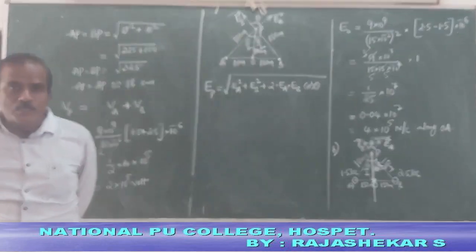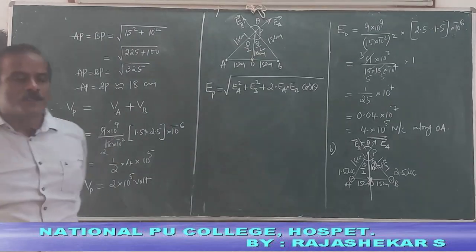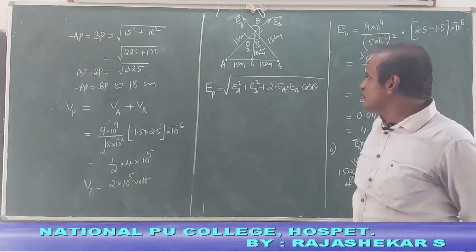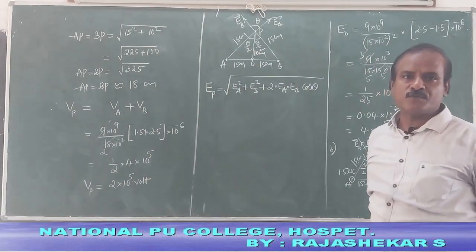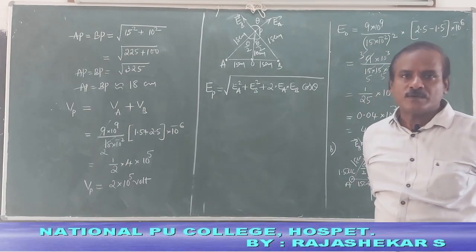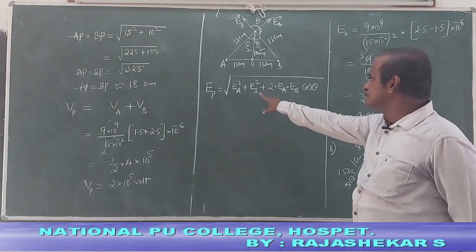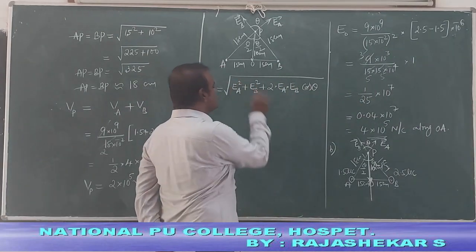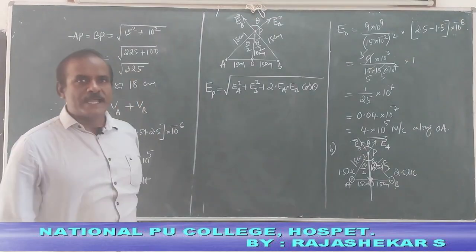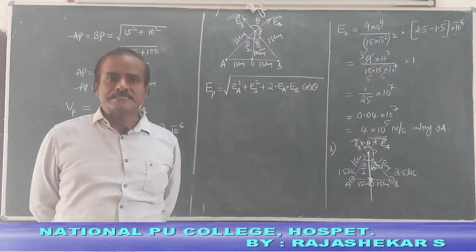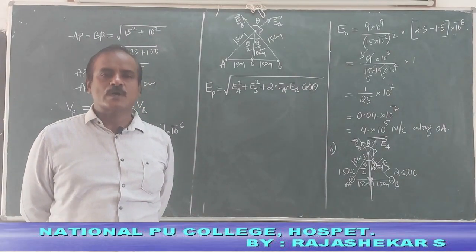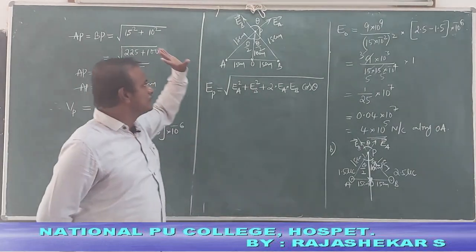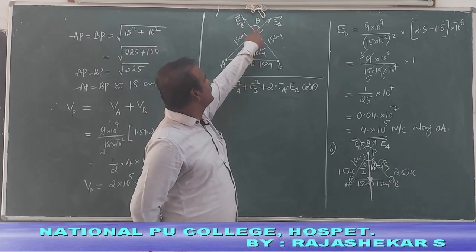Magnitude of field intensity at P is calculated using the general formula for the magnitude of the vector sum. Like if you remember, two vectors A and B separated by some angle theta, then the magnitude of the resultant is square root of A square plus B square plus 2AB cos theta. In a similar way it is written. Now important is theta, the angle between EA and EB.